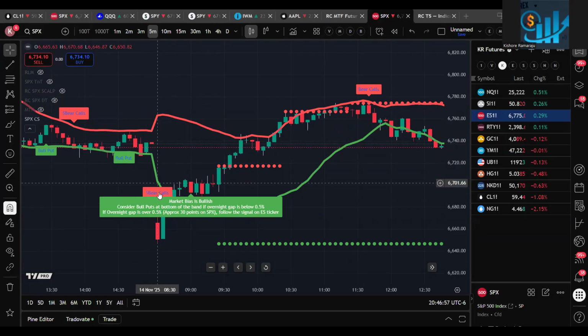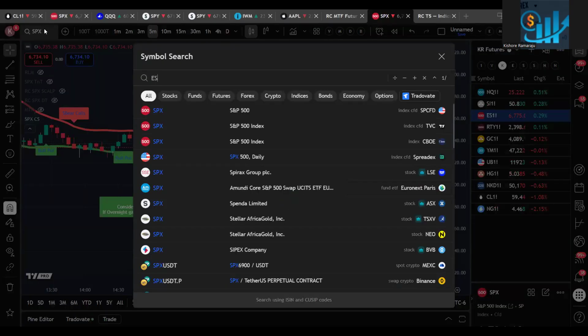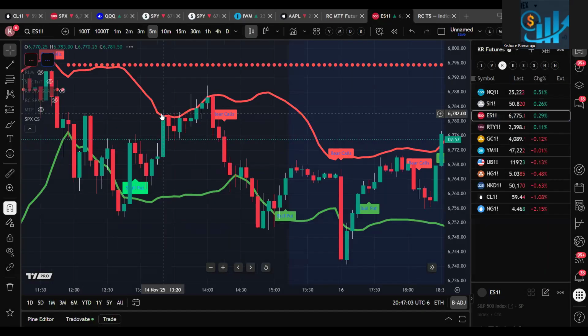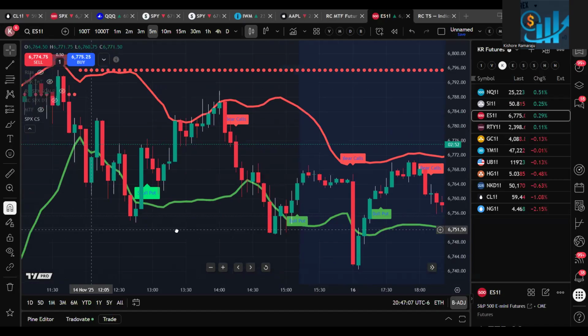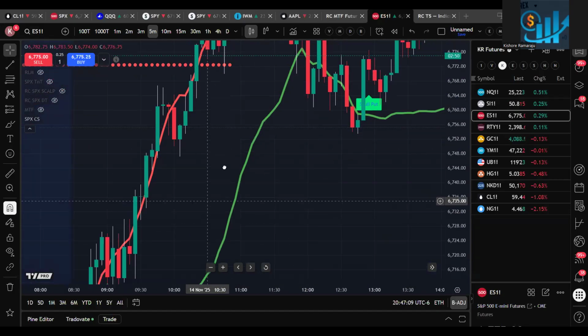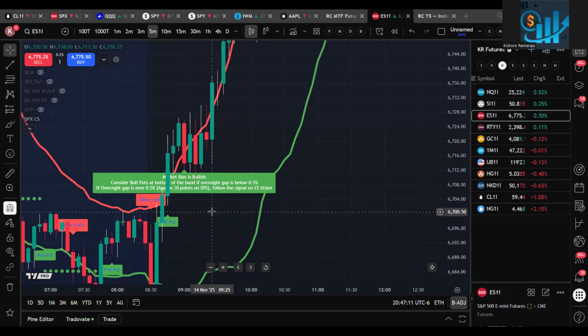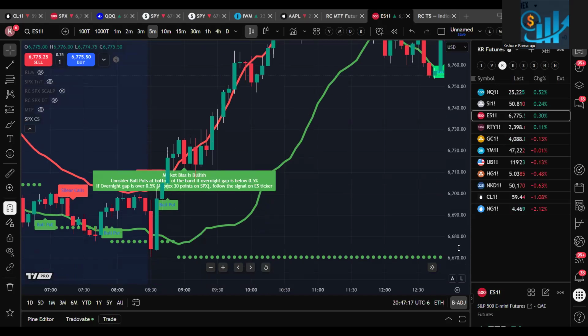Generally if the gap is high, then instead of using SPX, we go to ES. So ES is also telling the market bias is bullish. Consider bull puts at the bottom of the band.